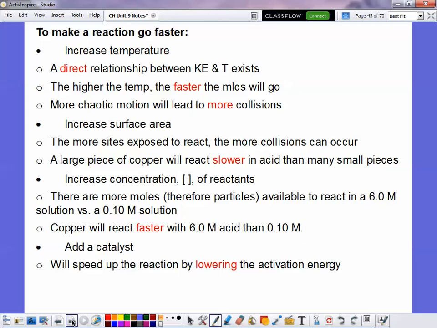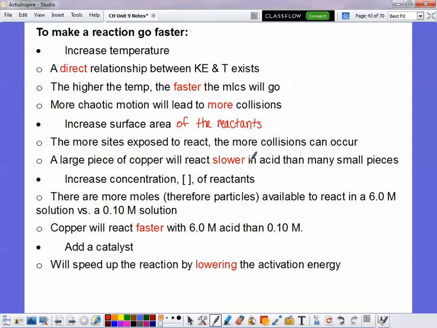We can also increase surface area of the reactants. If you increase surface area of the reactants, you can break them down into smaller parts. That means that there's more sites along the reactant molecules to actually collide, which would lead to more collisions, right?